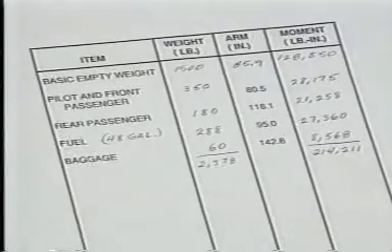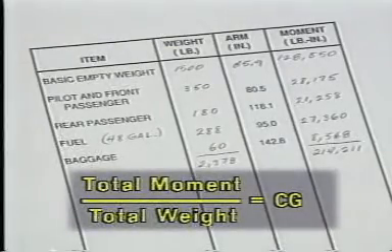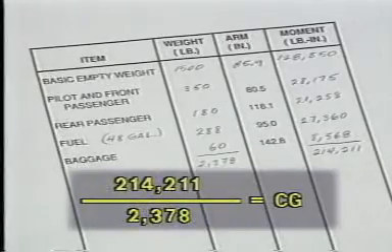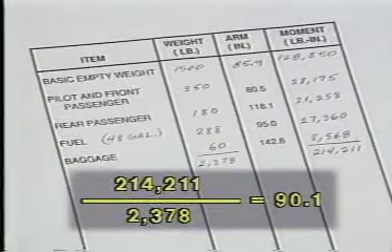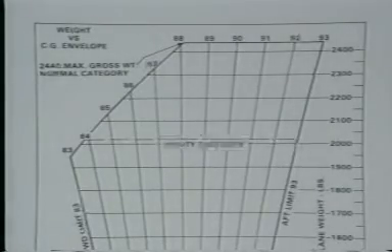You can now determine the center of gravity for your airplane by dividing the total moment by the total weight. The CG with this loading is located 90.1 inches aft of the datum. To determine if the CG is within limits, refer to the airplane's center of gravity limits graph.